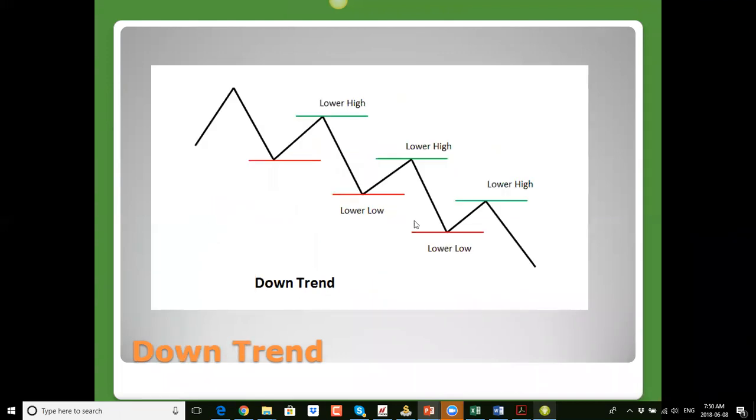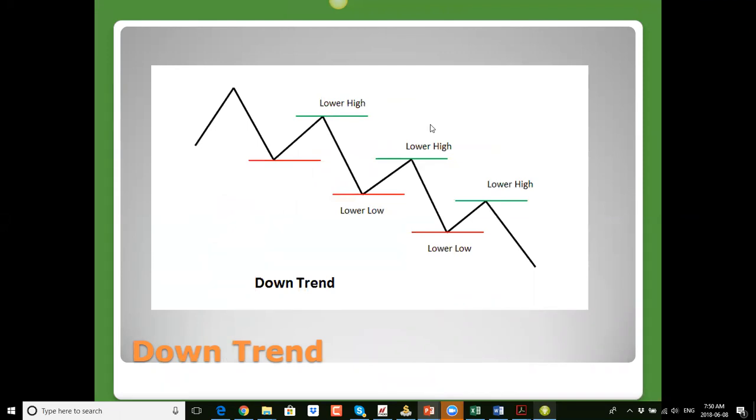And a downtrend, of course, is when price is making lower highs and lower lows. Again, we are not comparing the low to the previous high. We're only comparing the highs to the previous highs, and we're comparing the lows to previous lows. That is very important to keep in mind.